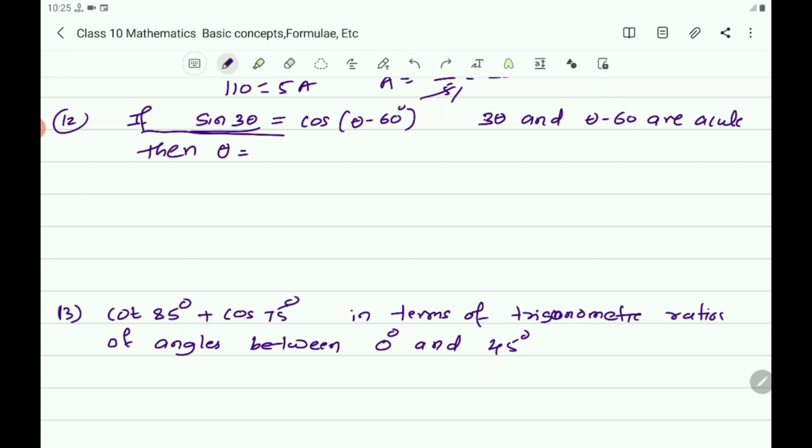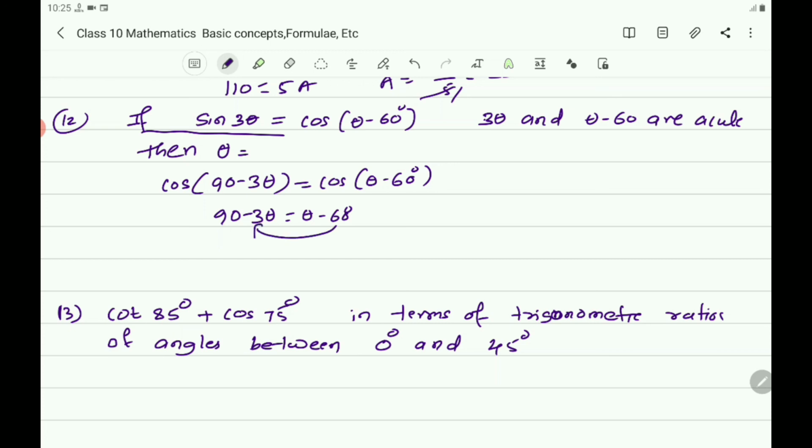So express sin 3 theta in terms of cos 90 minus 3 theta, that equals cos theta minus 60 degree. Now you equate these two, that you will get 90 minus 3 theta equals theta minus 60 degree.